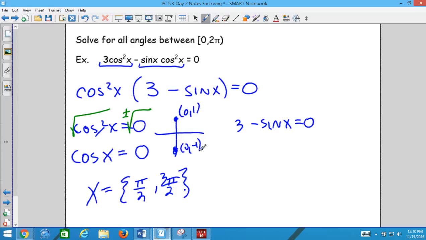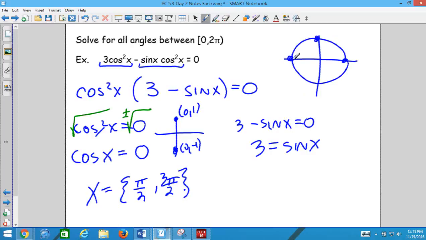How do we solve it? So add the sine x to the other side. Okay, 3 equals sine x. So where is sine x equal to 3? Sine is the y value, on the unit circle.